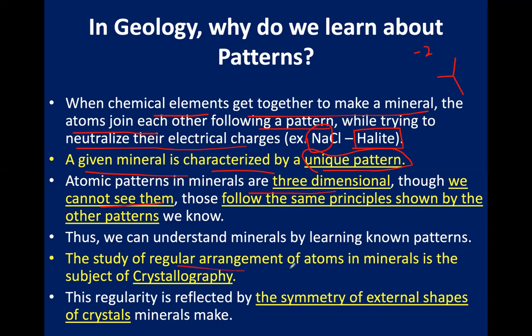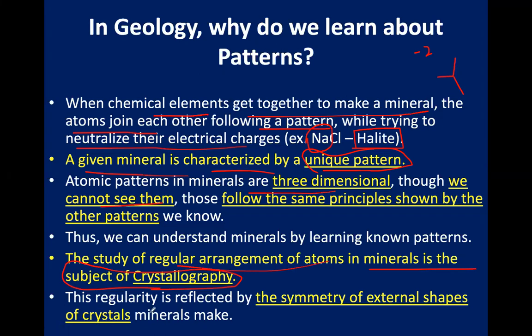This regular arrangement of atoms in minerals we study as the subject of crystallography, right? So mineralogy is a different subject, crystallography is another subject. Crystallography is studying the building blocks of minerals. Building blocks of minerals are crystals. Building blocks of crystals are elements. Elements combine and make crystals, and crystals compose minerals.